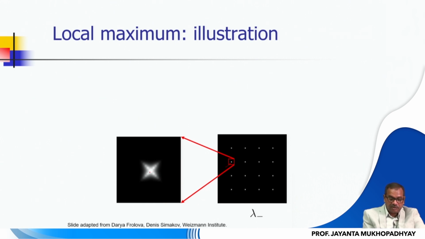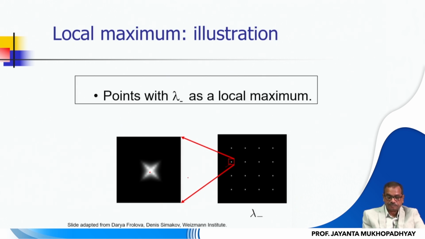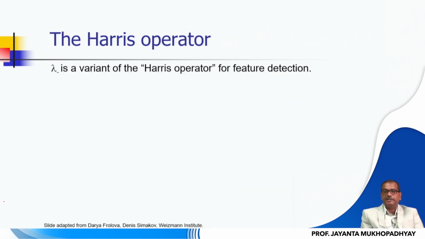So the local maximum should be at the very center of this pattern. That's why we are interested in finding local maxima instead of just putting a threshold. So points with local maxima are your points of interest. This operator is known as the Harris operator.